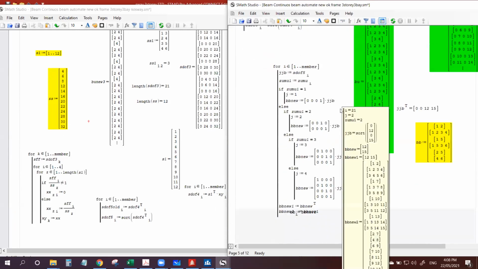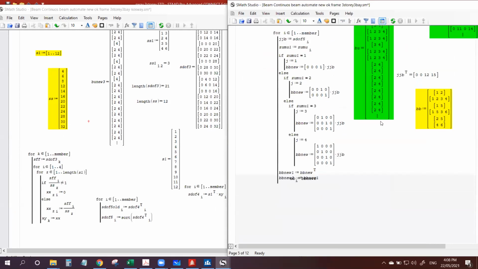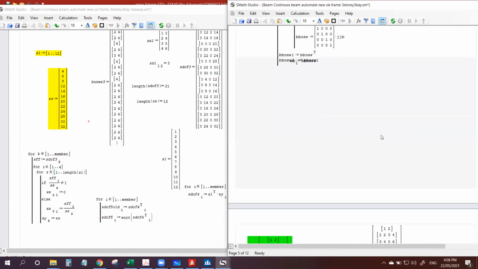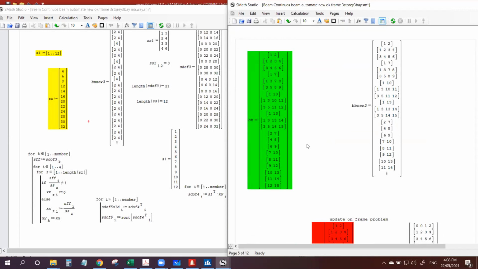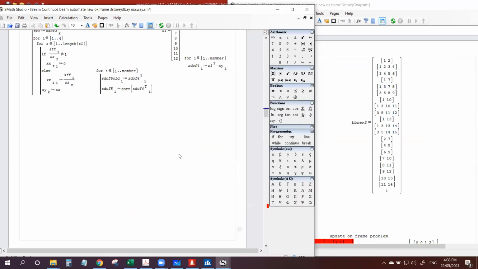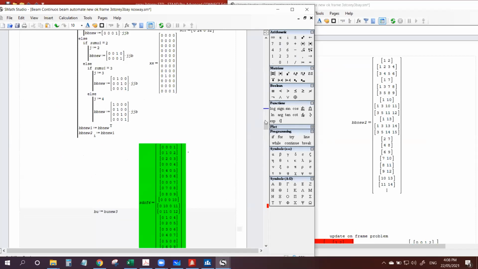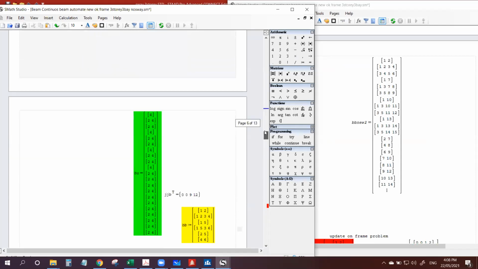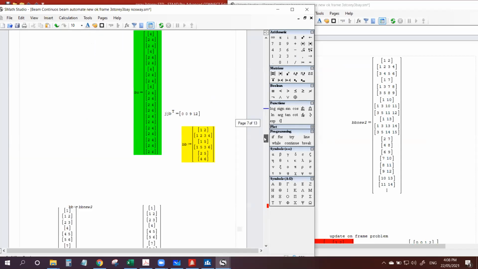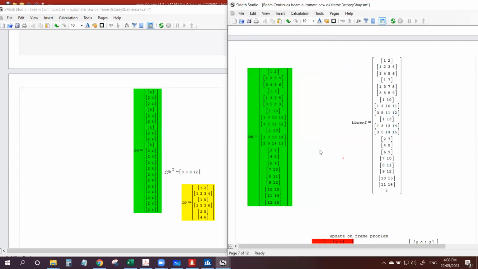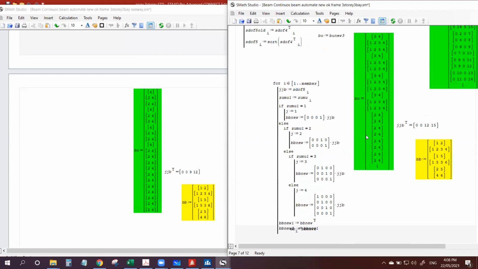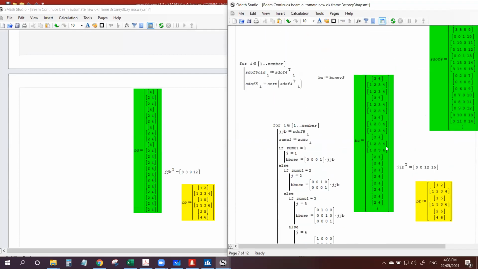And what else? BU, where is my BU matrix? Yeah, so this is the BU matrix here, and let's compare it.